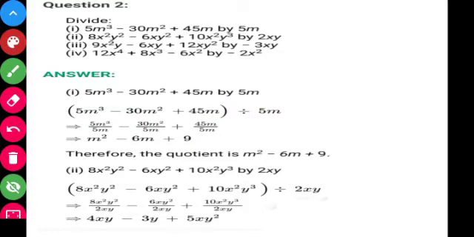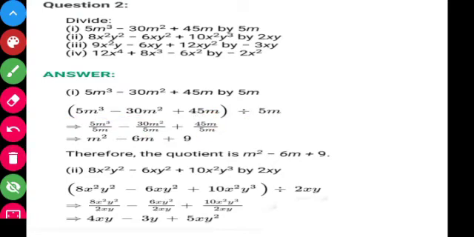So you can write 5m cube upon 5m, then minus 30m square upon 5m, and 45m upon 5m, easily.